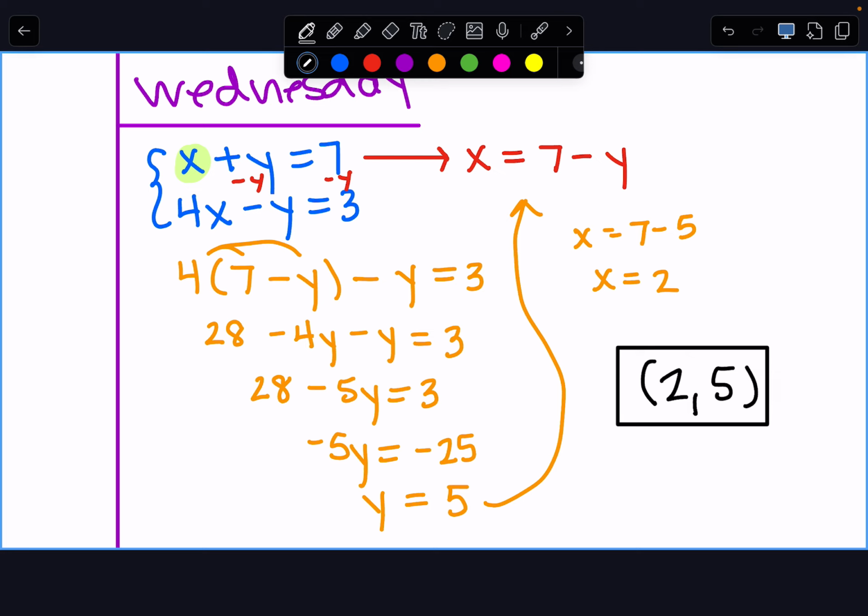Is 2 plus 5 equal to 7? Mm-hmm. Is 4 times 2 minus 5 equal to 3? Okay. If you solved for y and substituted it in, would you get the same thing? Yeah, you would. Okay.